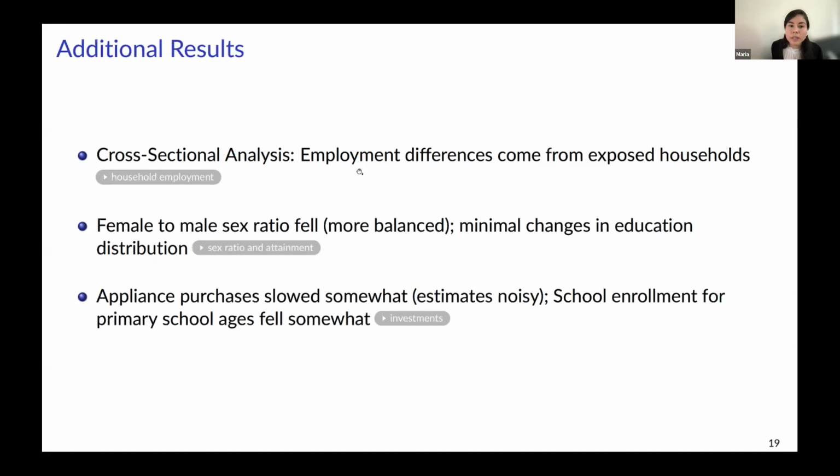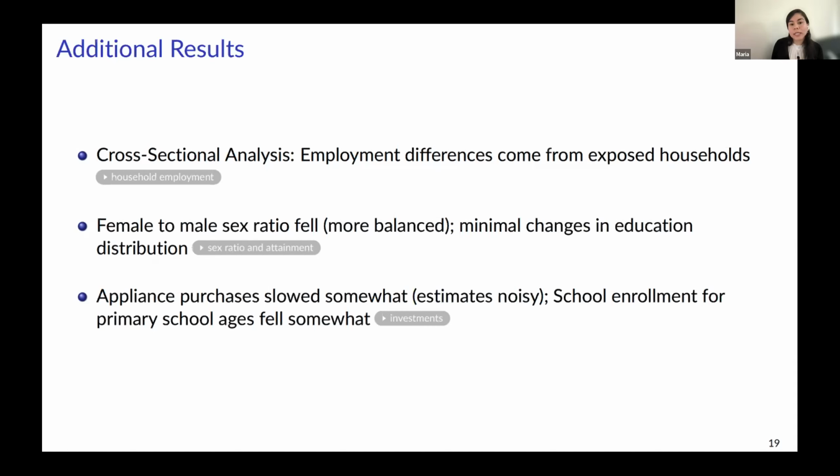And with this cross-sectional analysis, we actually show evidence that that is the case. So we see that the employment differences are coming from households that are exposed or that have relatives in the US. We also look at other outcomes such as the female to male sex ratio.